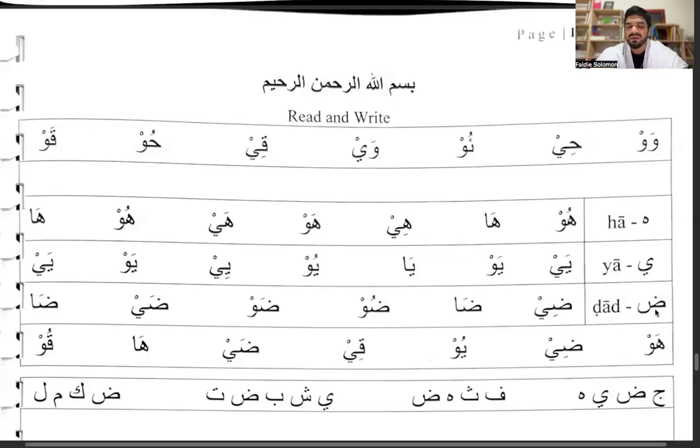But it does, with practice, we get better at it, inshallah. All right. Let's practice the reading of the ha, the ya, and the dad. Okay. So the tongue goes back, Allah, not d. Allah. Okay.